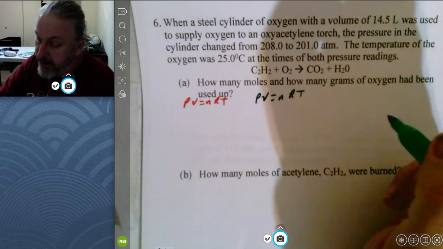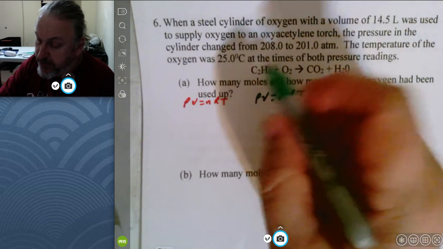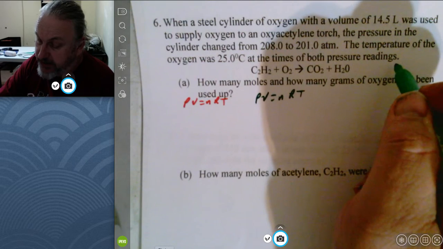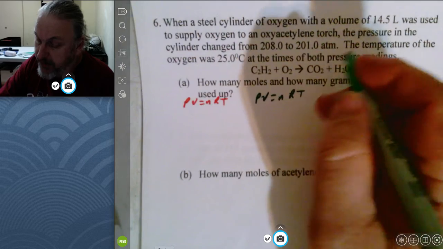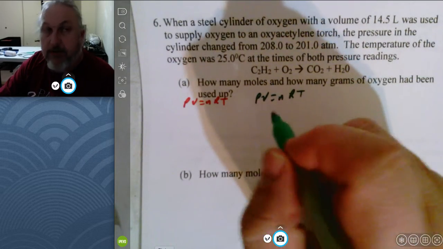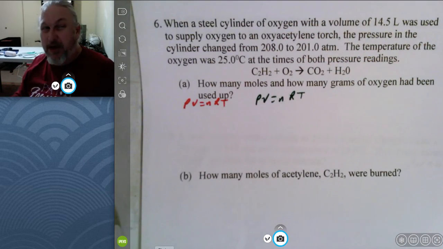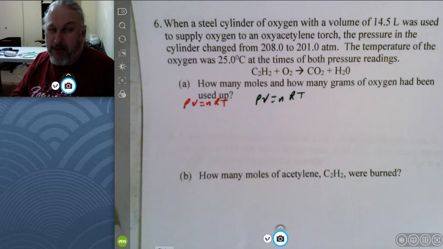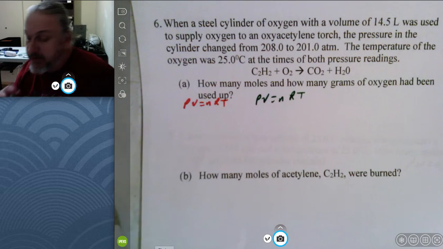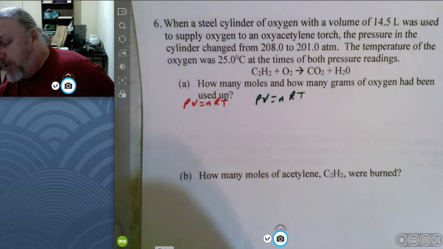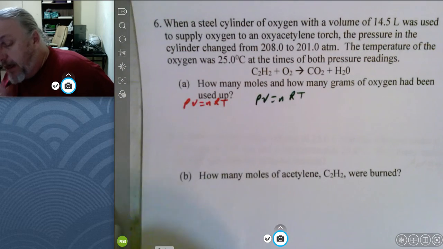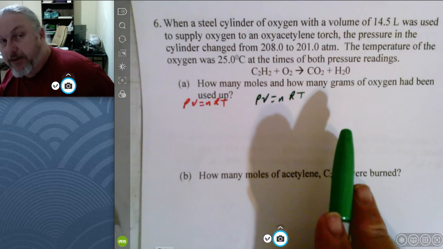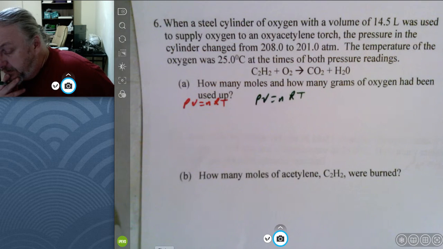Volume does not change. Temperature does not change. So the only thing that really changed was pressure. Now you can plug and chug that in and it's going to get your number of moles. And we'll do this tomorrow night, or we might do it in class tomorrow. But that's going to give me the number of moles at those pressures, how much was used up. And once I find out the number of moles, then I can convert into grams of oxygen.